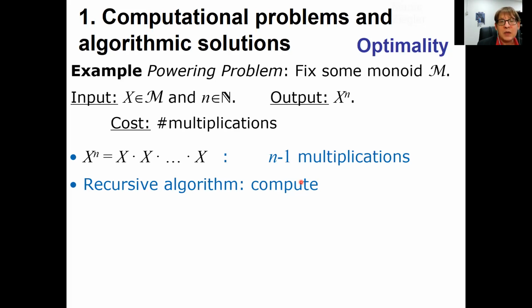We've introduced and analyzed this algorithm in its recursive variant, namely, suppose that n is even, then we can compute x to the n by first raising x to the n over 2 by induction hypothesis or recursive call, since n over 2 is an integer if n is even.